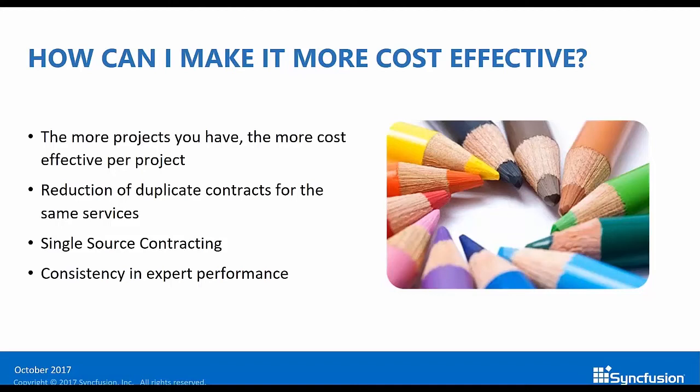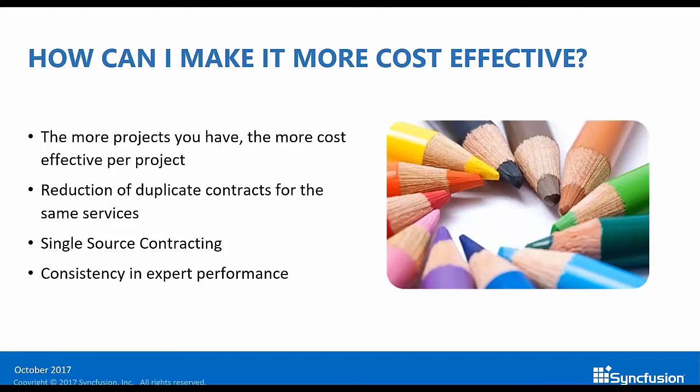So oftentimes we don't think about the cost of contracting and having duplicate contracts for the same service. Overhead is expensive, and so you think about the folks who have to vet these contracts and make sure that the terms are correct and the negotiations are correct. All of that has a cost wrapped around it.